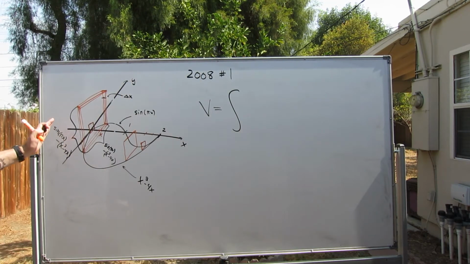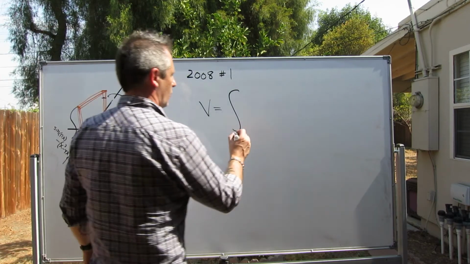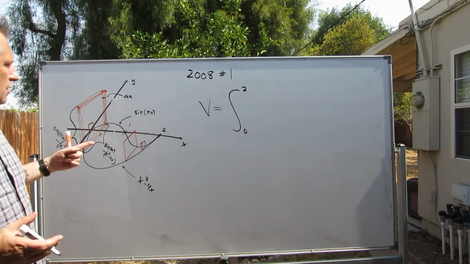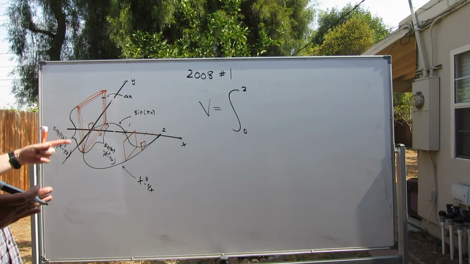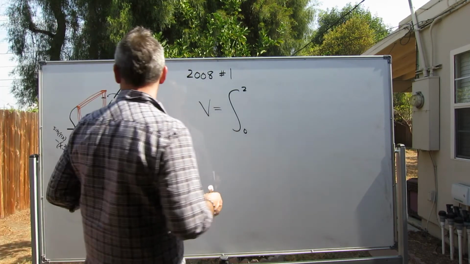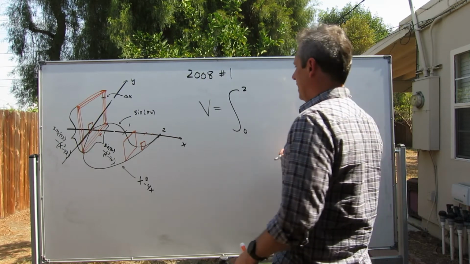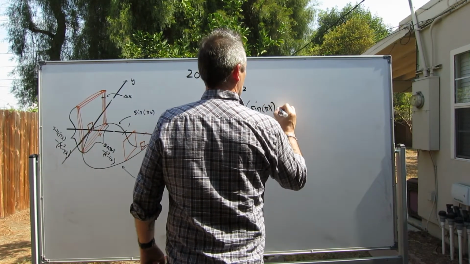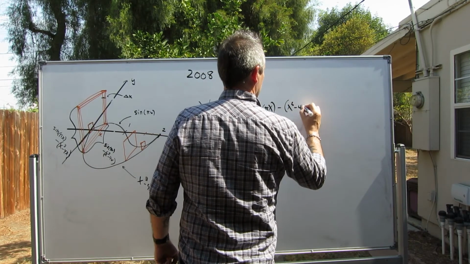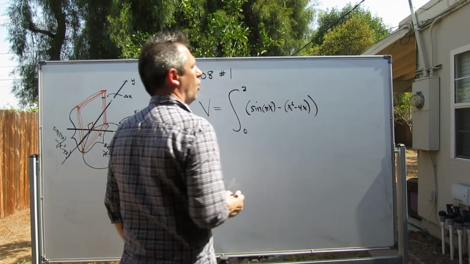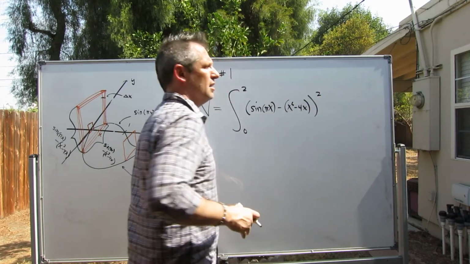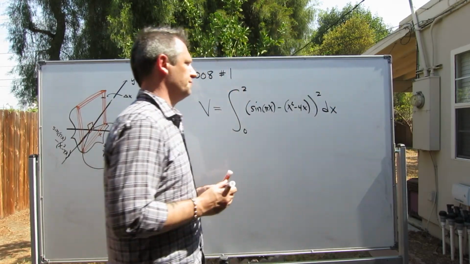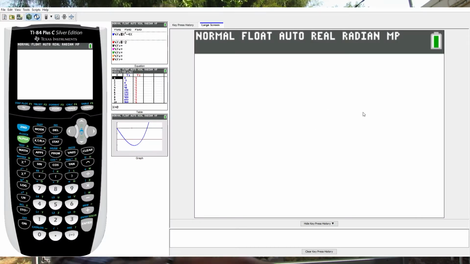So therefore, our volume is, the x's are allowed to range all the way from 0 up to 2, as I add up all of these little volumes. Well, the volume is the area of this rectangle, which is sine of pi x minus x cubed minus 4x, all of that squared, times delta x, which becomes a dx. And so this is the integral we need to compute.